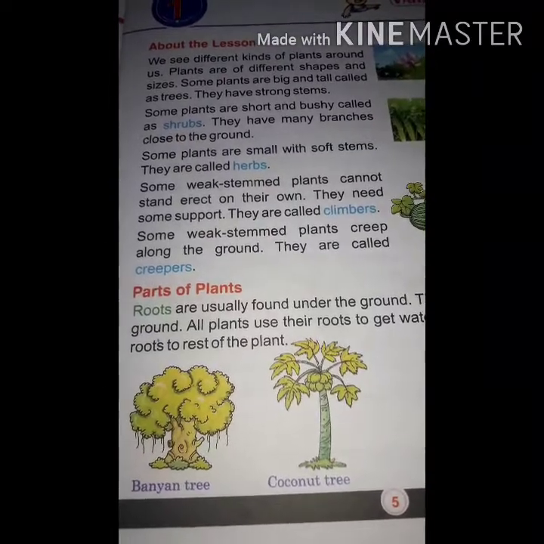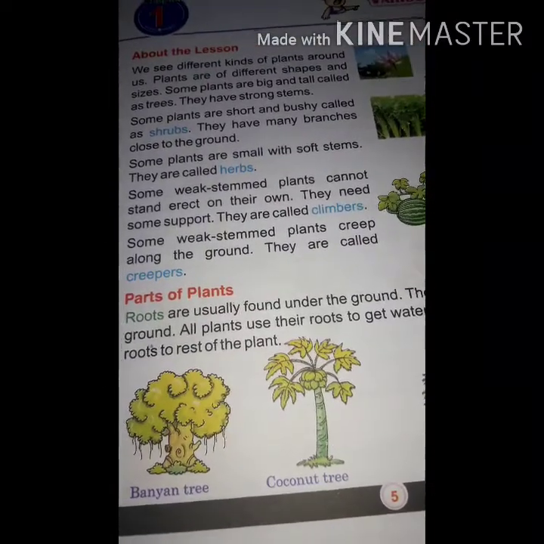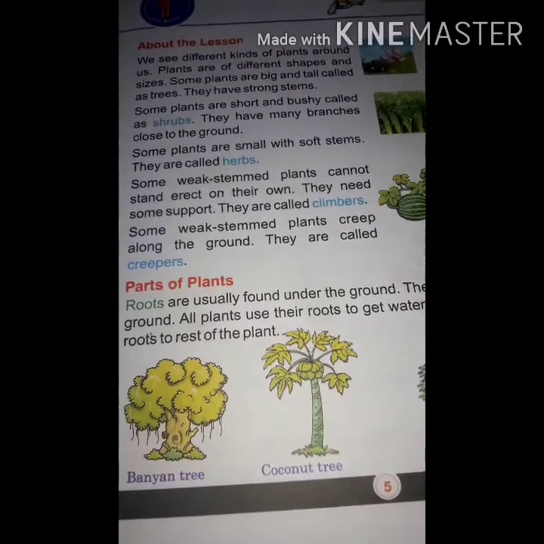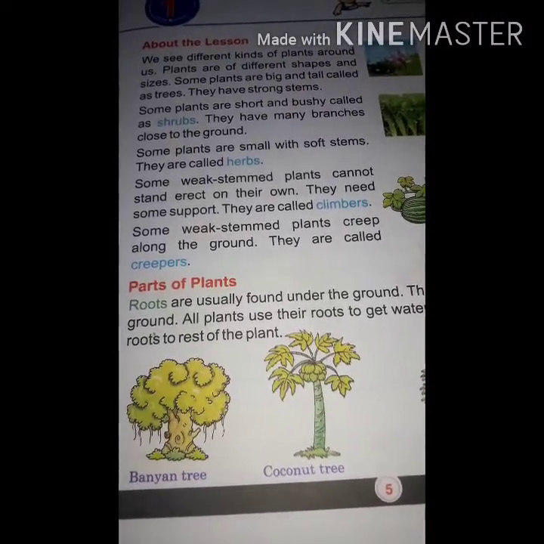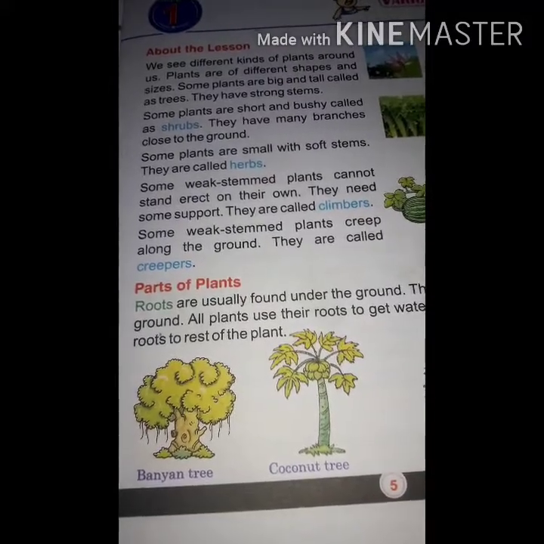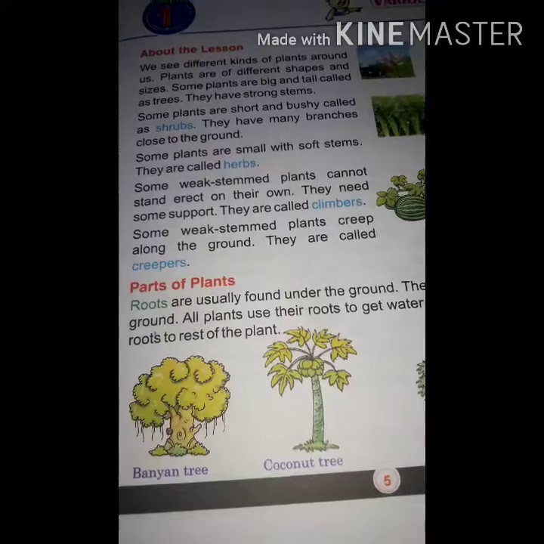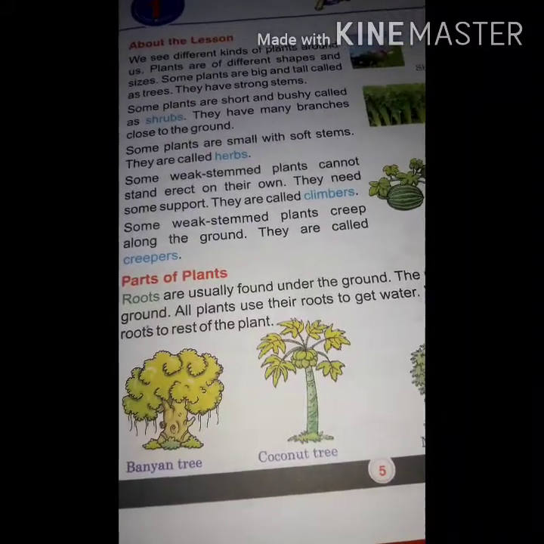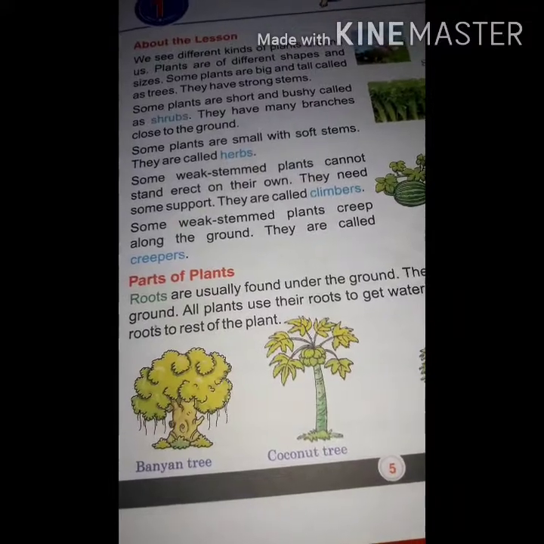Some plants are short and bushy, called shrubs. They have many branches close to the ground. Some plants are small with soft stems. They are called herbs.